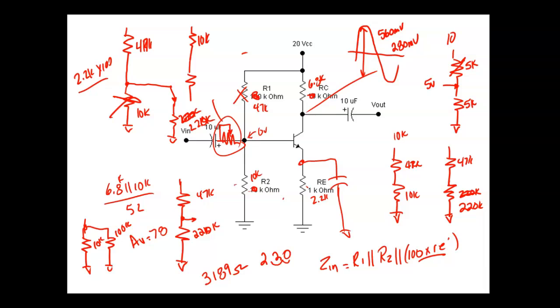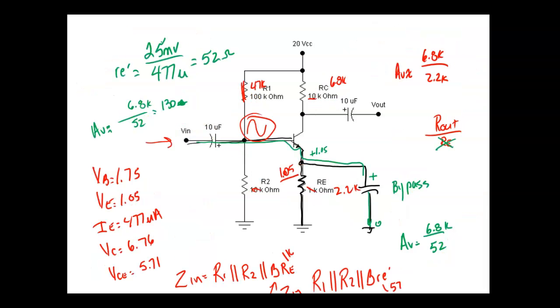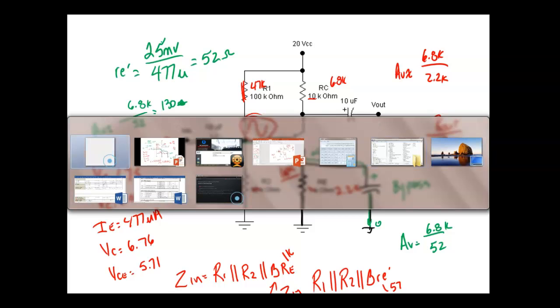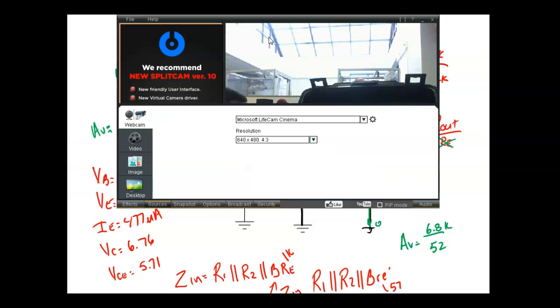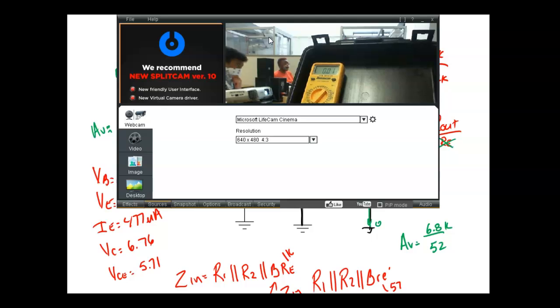So here's R1, the 6.8K, right? Here's the base voltage. Let me put my meter up there. Can y'all see it?